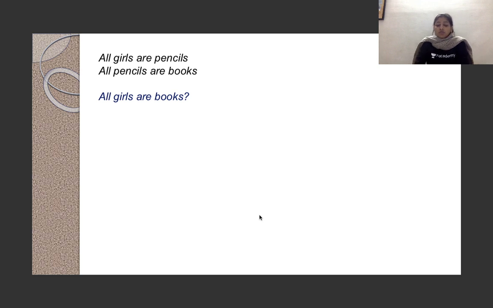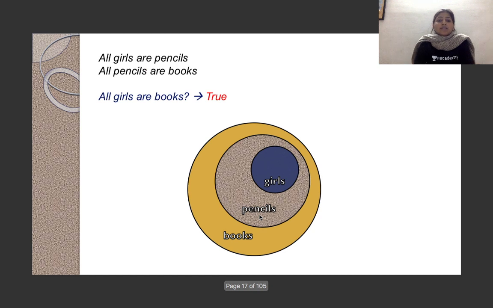Okay, so all girls are pencils and all pencils are books. This is how we'll get the diagram, and we can see all girls are books. Yes, so it is true.